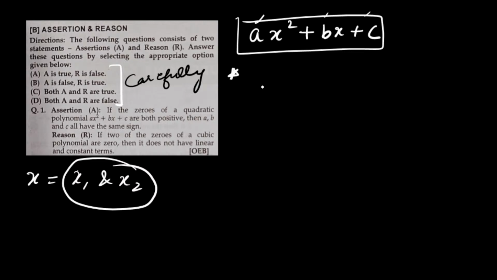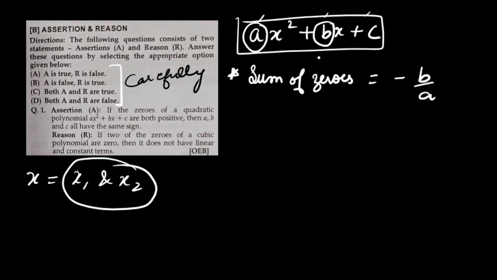Regarding quadratic polynomials, you can write one note. The sum of zeros we can get directly from the formula, that is minus b by a, where b is the coefficient of x and a is the coefficient of x².